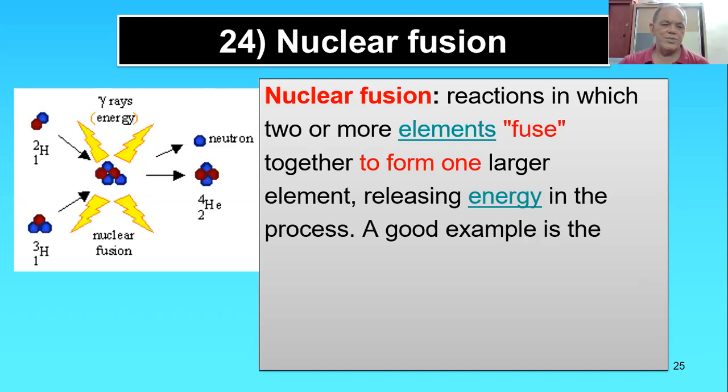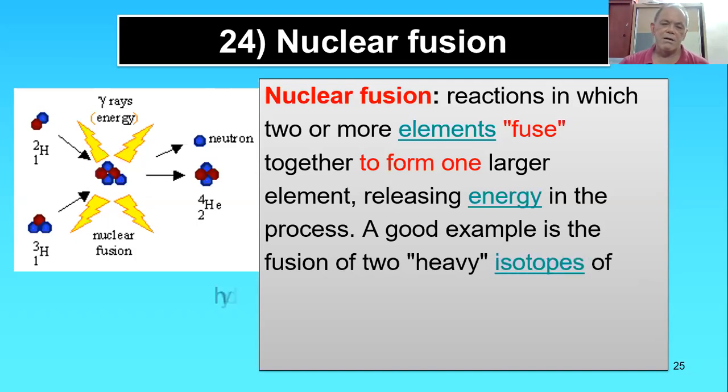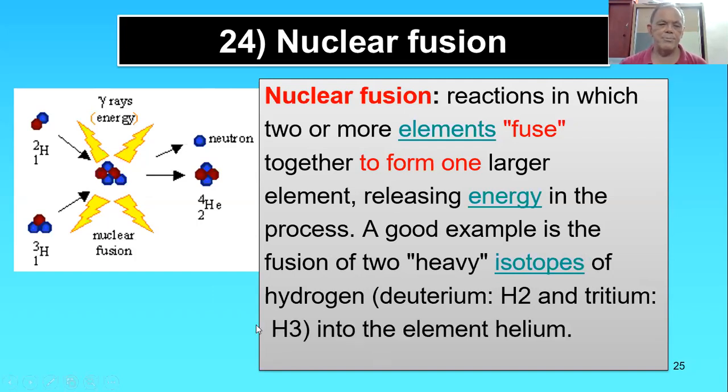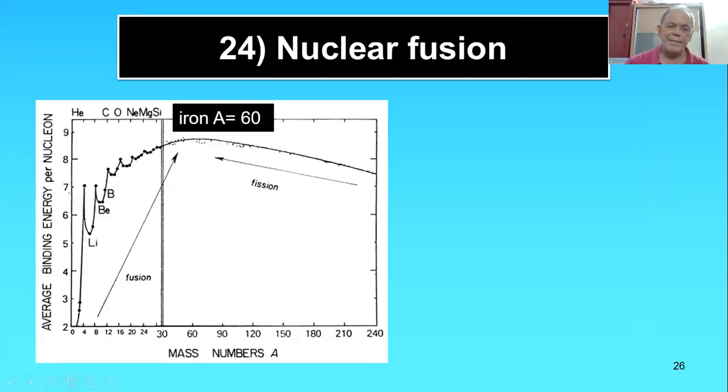A good example, as shown in the diagram, is the fusion of 2 heavy isotopes of hydrogen. This is your deuterium. This is your tritium. And the product is helium.